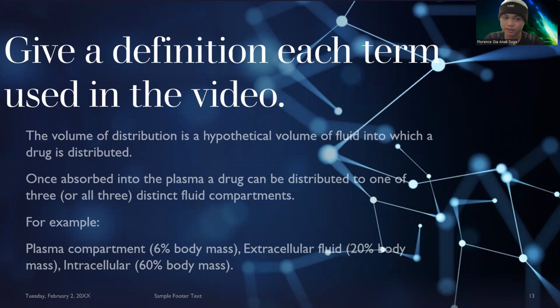Once absorbed into the plasma, a drug can be distributed to one or all three distinct fluid compartments. For example, the plasma compartment, which consists of 6% of the body mass, extracellular fluid, which consists of 20% of the body mass, and last but not least, the intracellular, which consists of 60% of the body mass.